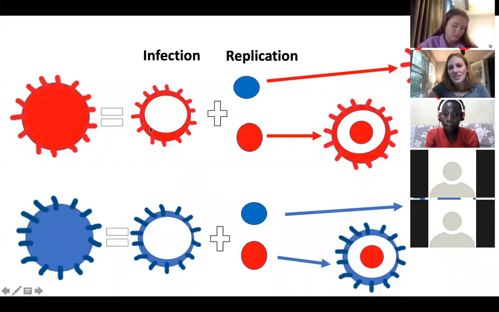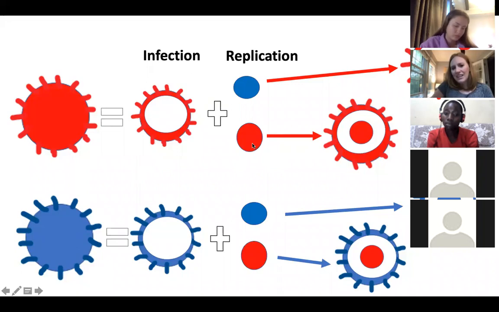Particularly, the shell is responsible for getting inside of a cell. So it determines the amount of infectivity, like the infectious nature of the virus to get inside of a cell. So that's the outside.